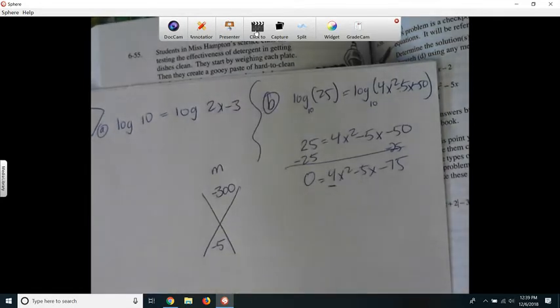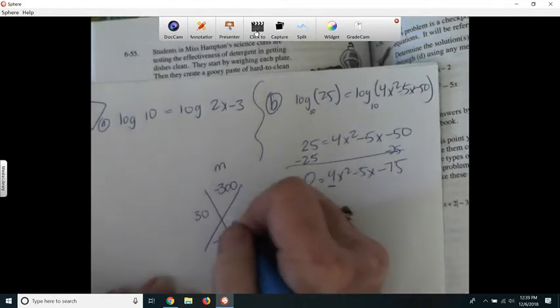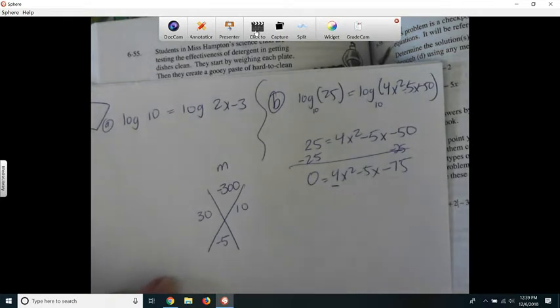And I'm a big fan of factoring, so I'm going to try to factor it. If you didn't want to bother with any of this factoring, all you do is just get your quadratic formula out and just plug the numbers in. I'm going to at least try, because I know that 30 times 10, if I made something negative, maybe that could work.